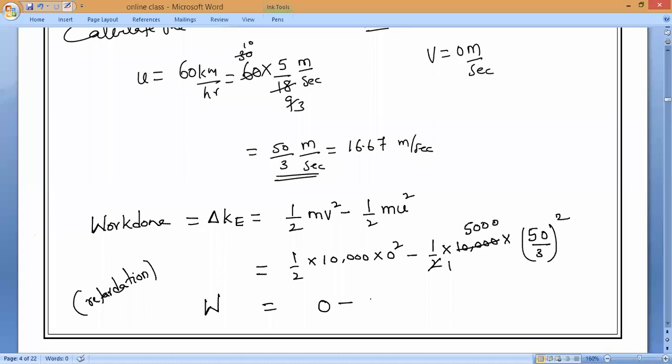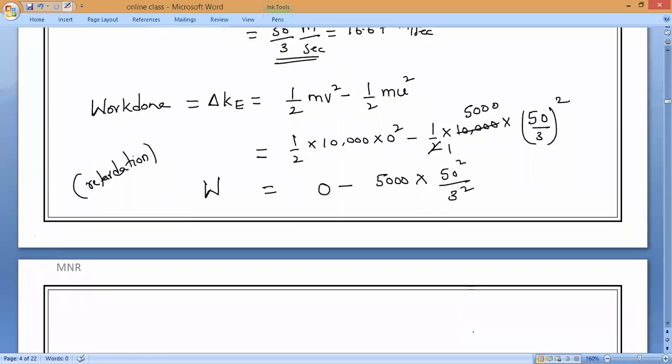So minus 5,000 into 50 square divided by 3 square. What is 50 square? 2,500. And 3 square is 9.